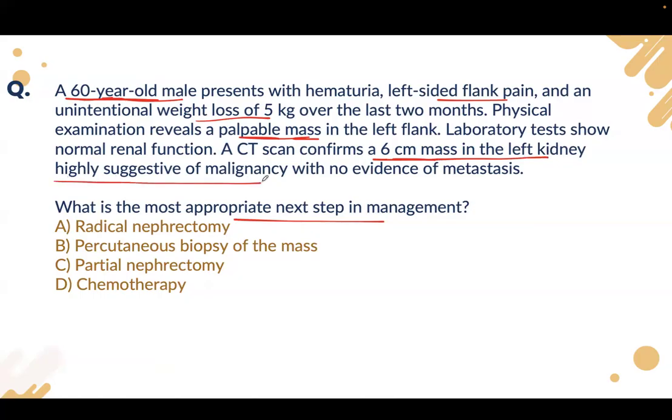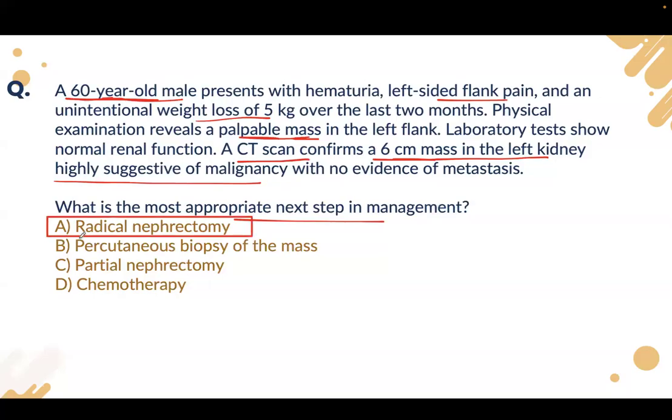So this is basically a case of a renal tumor. What is the most appropriate next step for renal tumors? Once you do a CT scan and confirm the diagnosis of a renal mass, you would go ahead and do staging. After the staging, they would discuss the management plan, and the most common and most appropriate management is radical nephrectomy.